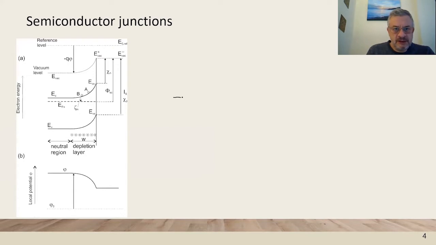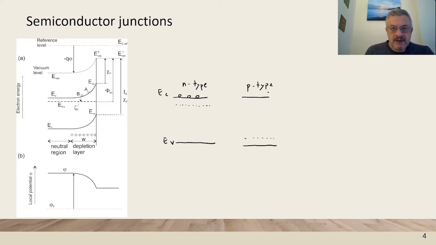Now for a semiconductor, we have some intrinsic carriers, and if the Fermi level is close to the conduction band, this is an N-type semiconductor, it has many electrons here. Or if the Fermi level is close to the valence band, then this is P-type, and it has holes in the valence band and very few electrons.